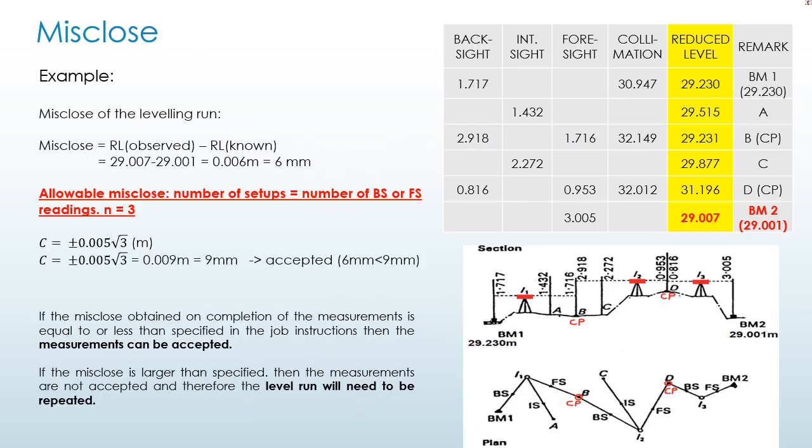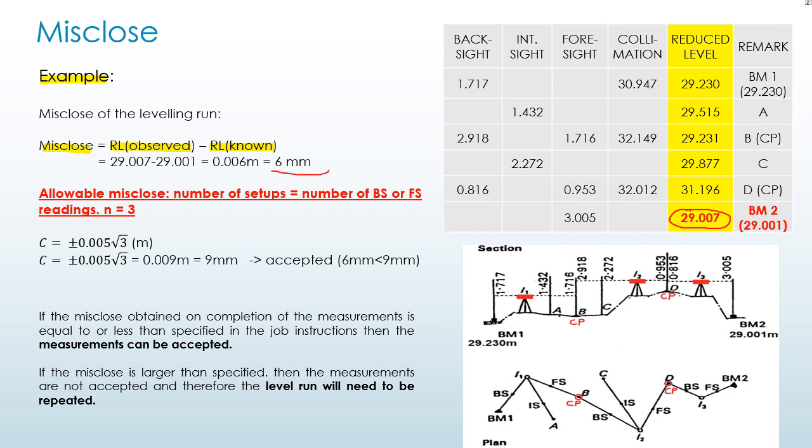This is an example of the misclose of the leveling run that we are doing. Firstly, we check the misclose by comparing the calculated reduced level and the reduced level that you have known. In this case, the calculation gives you the reduced level of benchmark 2 of 29.007 and its known value is 29.001.